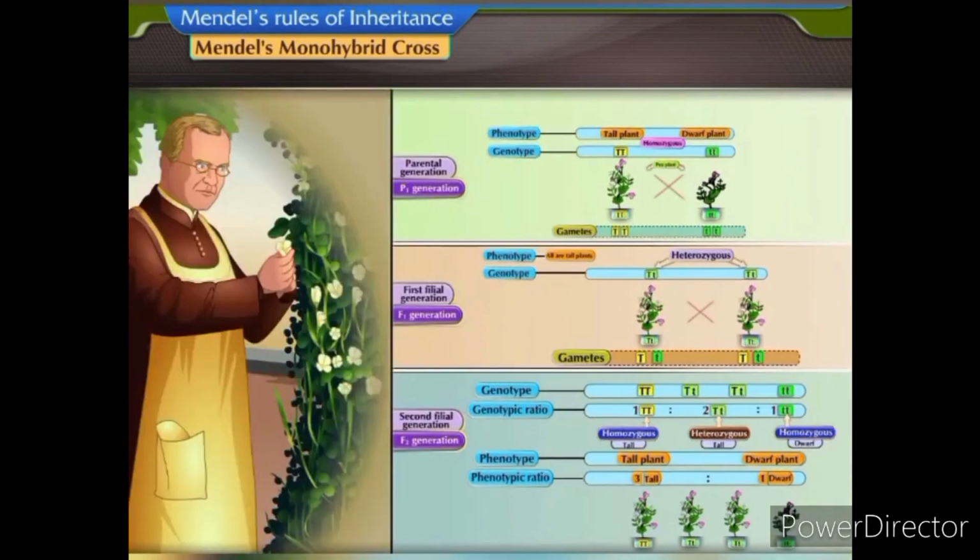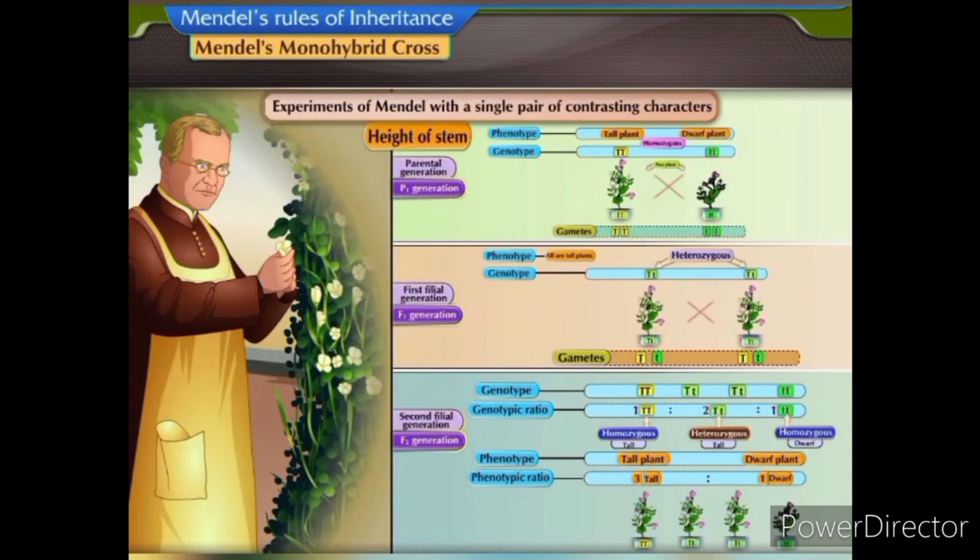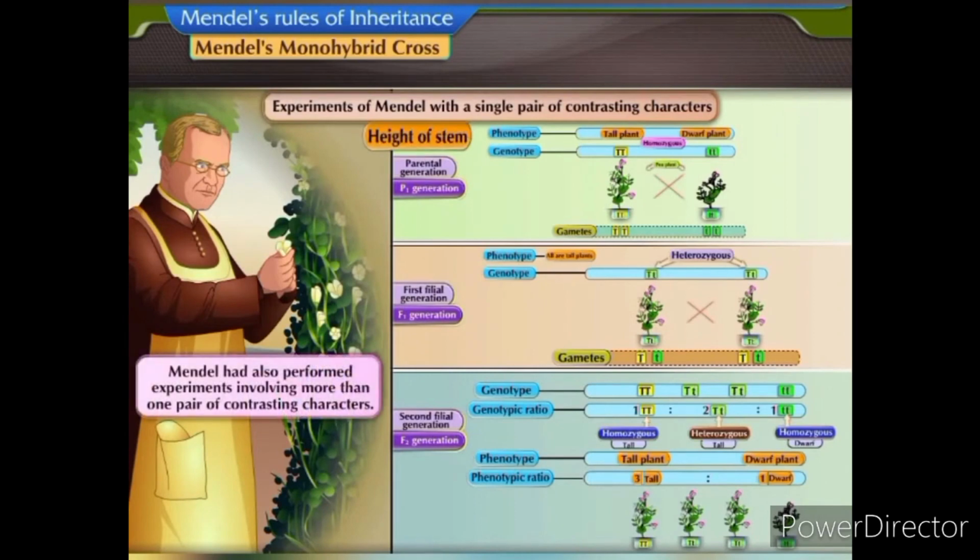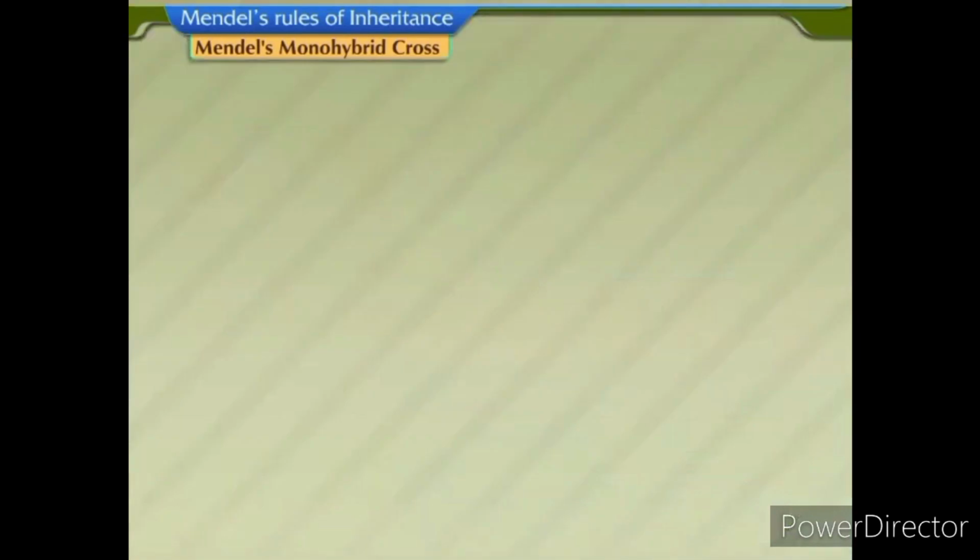So far, we have studied the experiments of Mendel with a single pair of contrasting characters. But he had also performed experiments involving more than one pair of contrasting characters. Mendel's dihybrid cross. Parental generation P1.